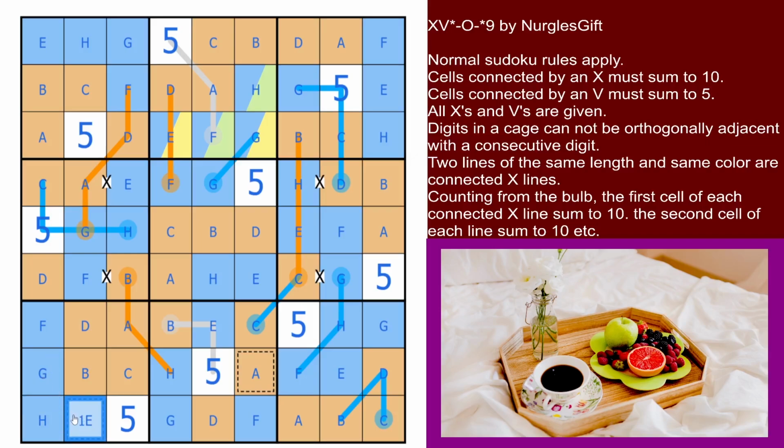Let us put that: if E is 1, G is 4. This has to be 3. This has to be 2, right? But if E is 1, this has to be 9. And this has to be 6. That's fine, right? And this seems fine.